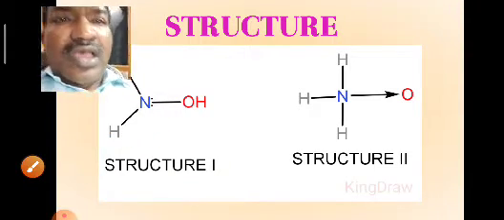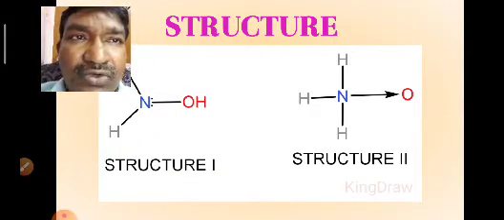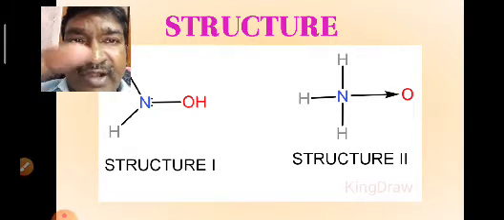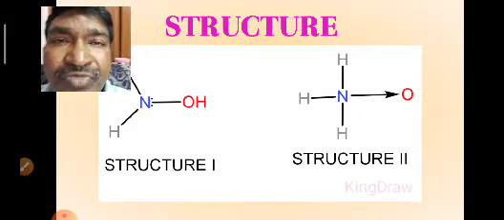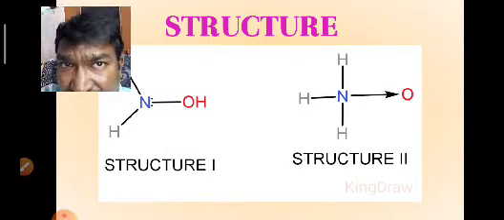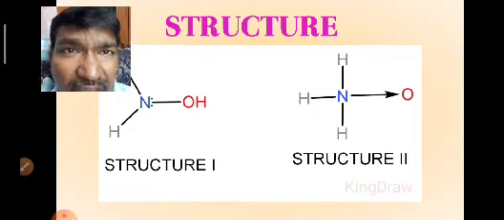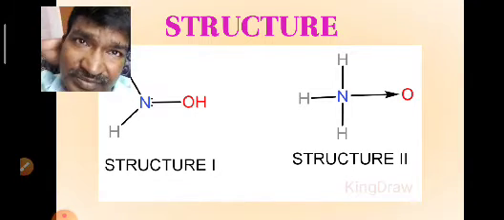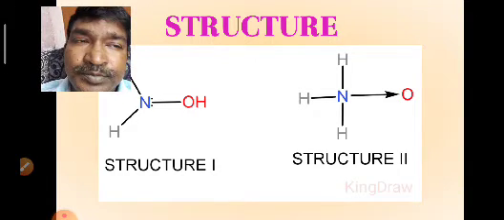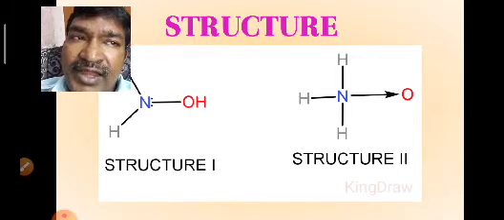Here hydroxylamine has two types of structure, structure 1 and structure 2. In structure 1, nitrogen is attached to two hydrogens and one hydroxyl group, and all are simple covalent bonds. Whereas in structure 2, nitrogen is attached to 3 hydrogen atoms and 1 oxygen atom.